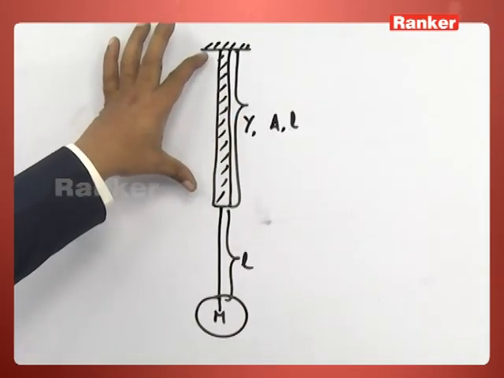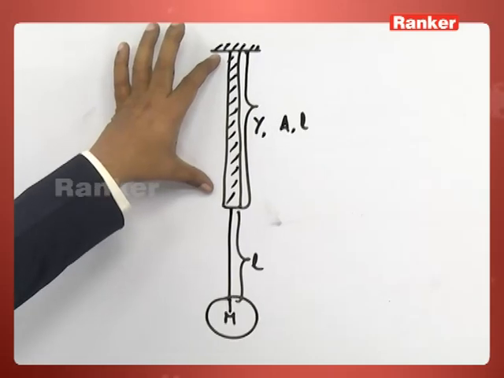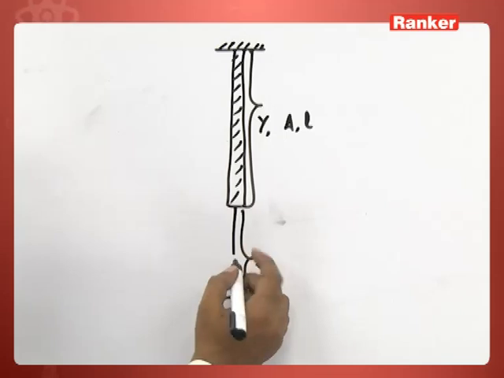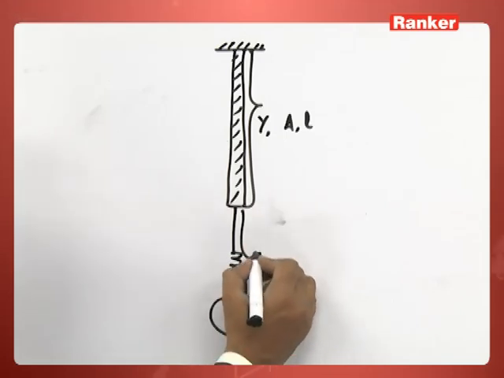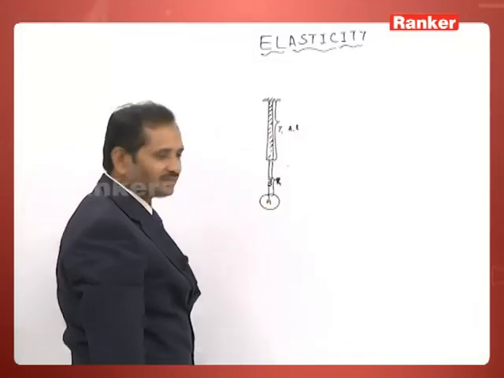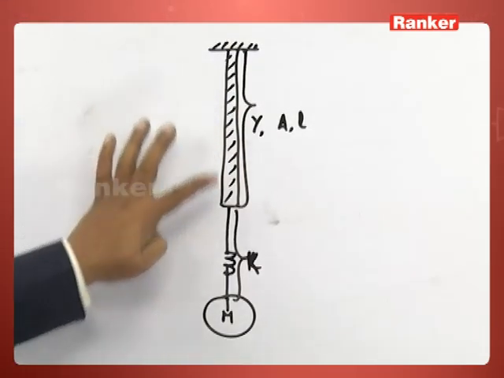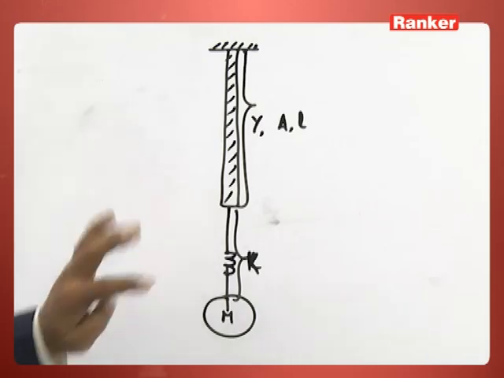Please understand this. This is the bar having Young's modulus Y, and this is having connectivity like this, spring constant K. These two are in end to end connection. End to end connection means a series arrangement.